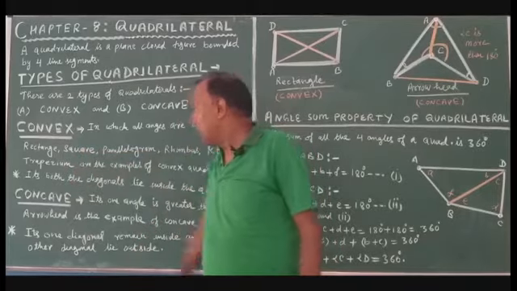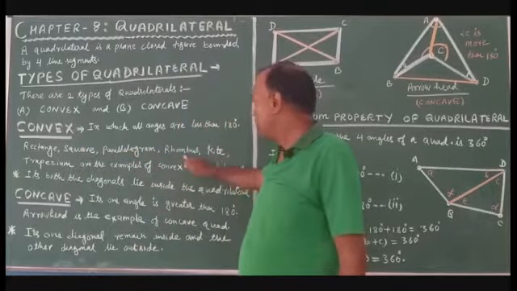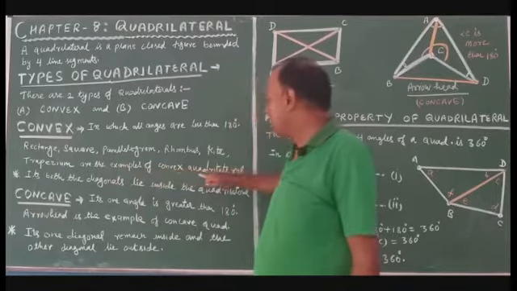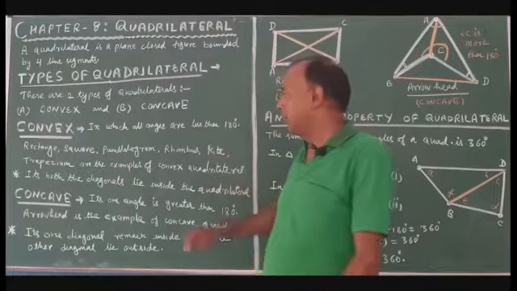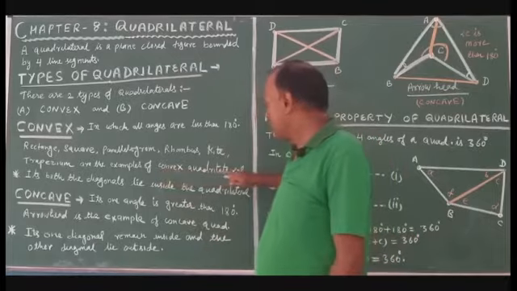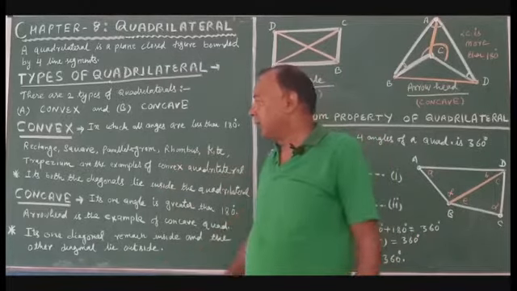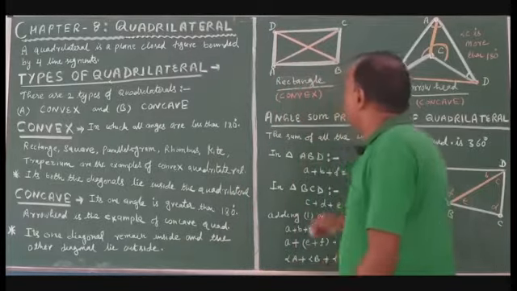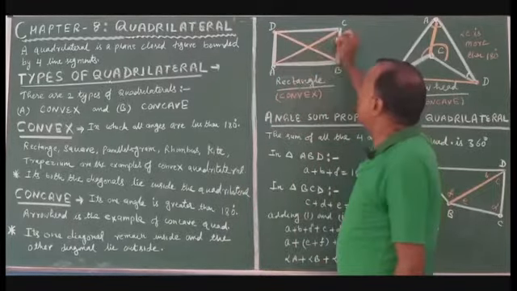Rectangle, square, parallelogram, rhombus, kite, trapezium, etc. are examples of convex quadrilaterals. And the most important thing: look at the diagonals of this rectangle.